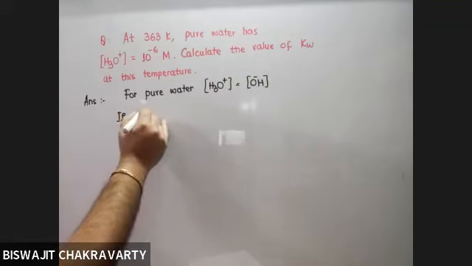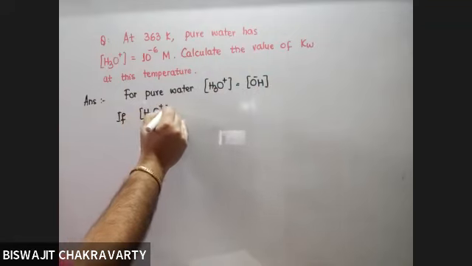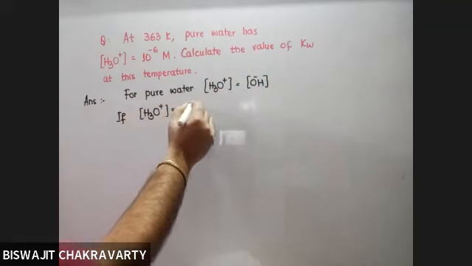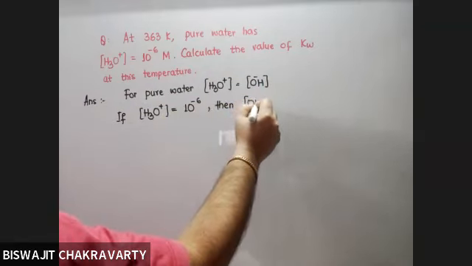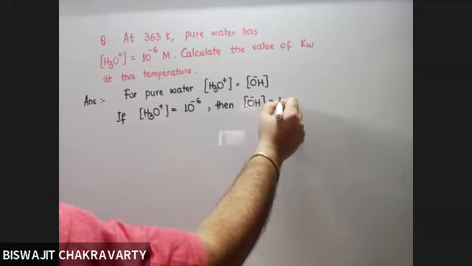If H3O plus is 10 to the power minus 6, then OH minus will also be same. Yes or no?